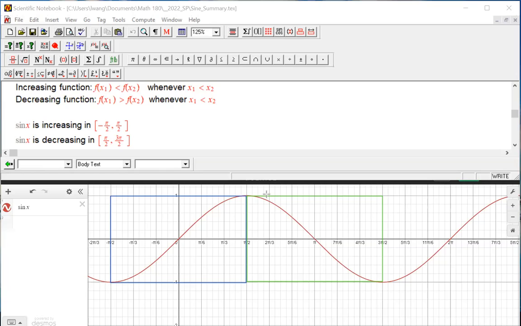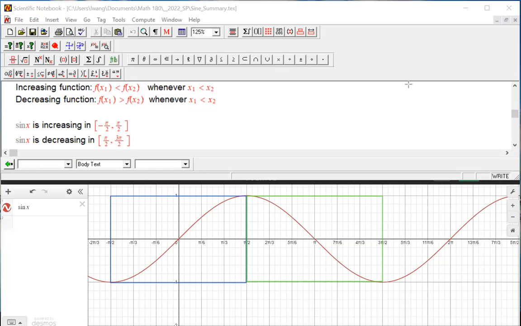Those are called extreme values. And you can follow these examples to make your statements. That's part of our narrative. Okay, so increasing, decreasing, you can continue this process.